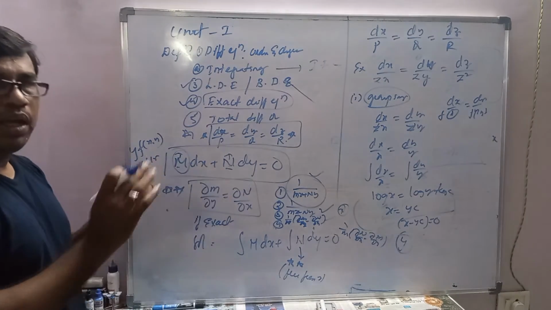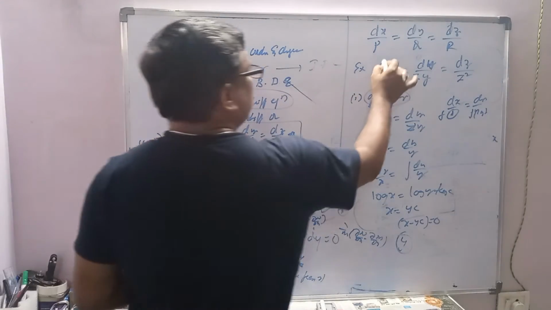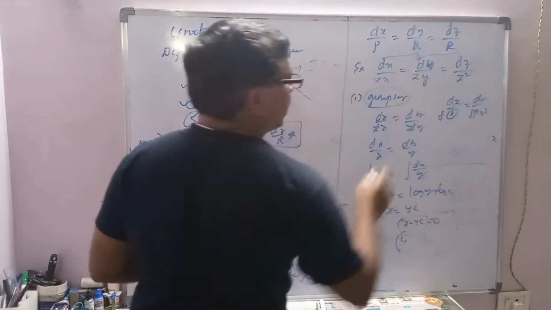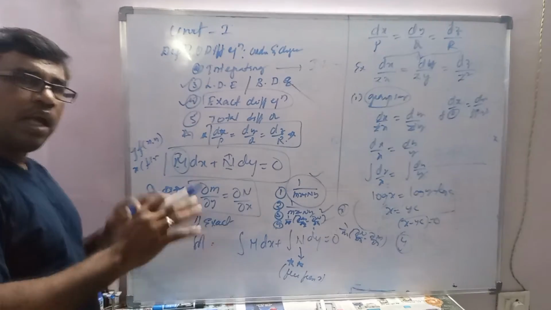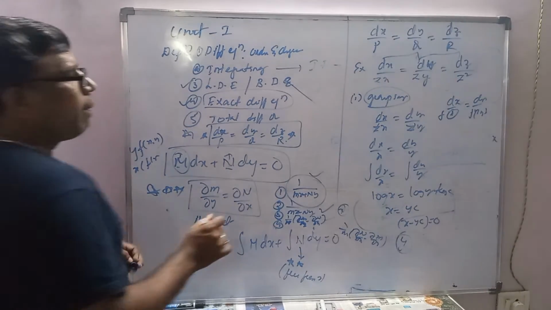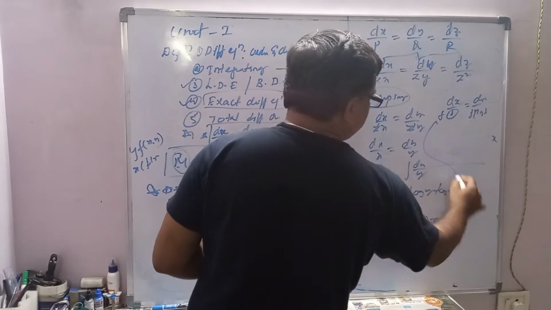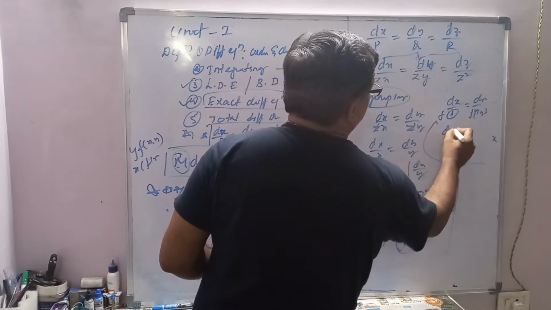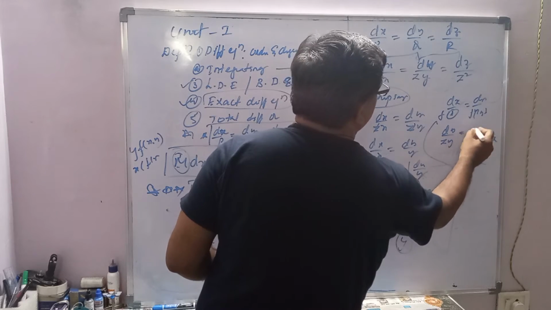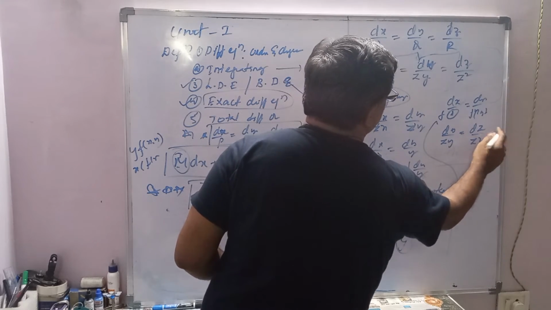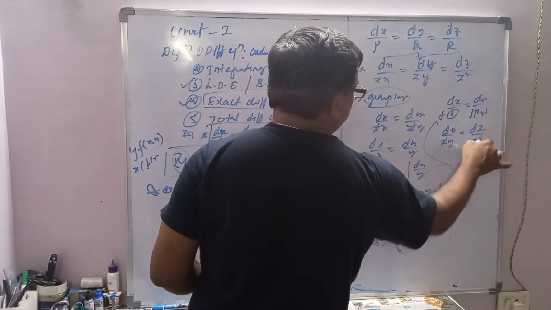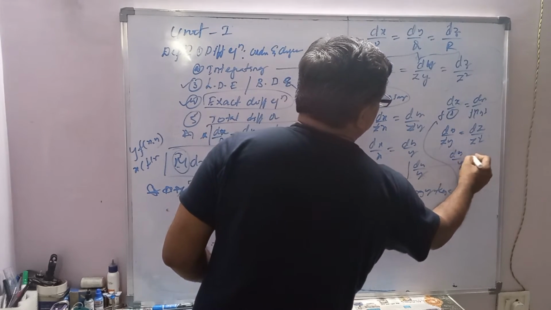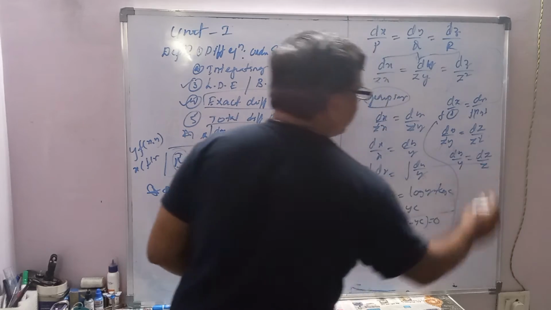Simply you have to group the terms such that they contain only x and y, or y and z, or z and x, like that. Right? Now, for the next one, I am taking these two: dy by zy is equal to dz by z square. Group these two terms, I am getting dy by y is equal to dz by z.